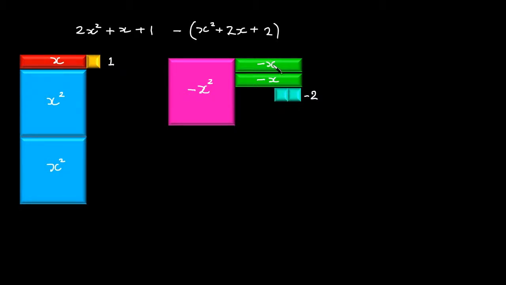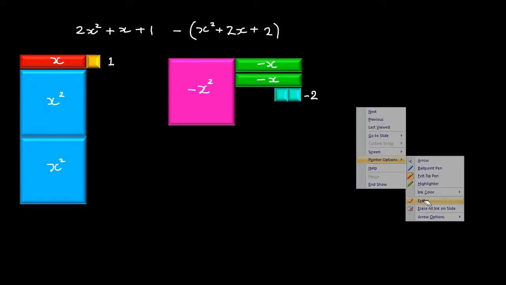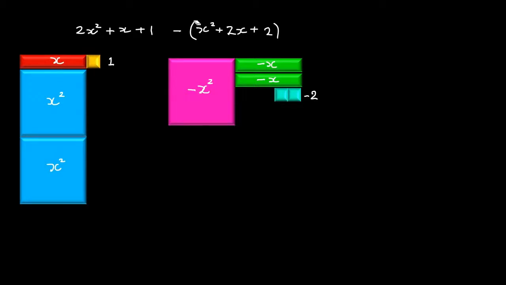So what we're doing at this stage of our example, when we're visualizing this, is showing what happens when, instead of subtracting, we're adding, but we're adding negatives. So I'll show you what I mean. Let's erase these parentheses.